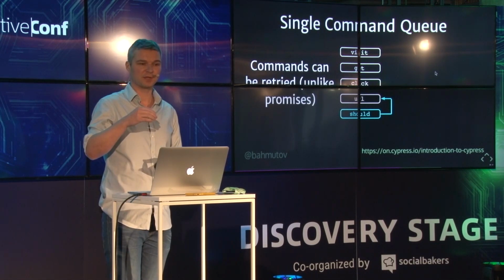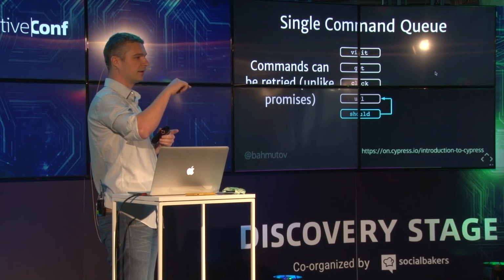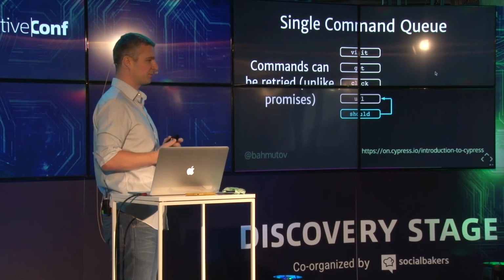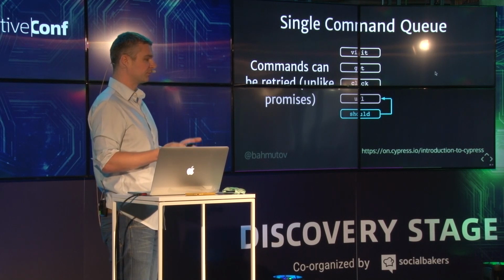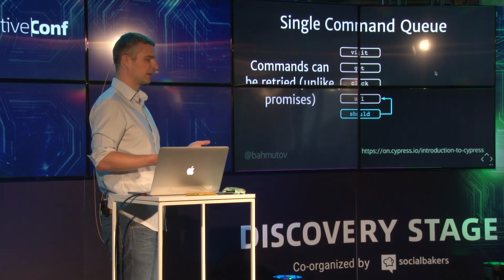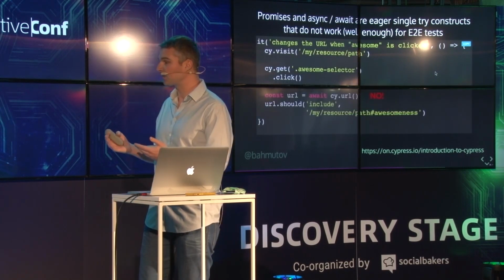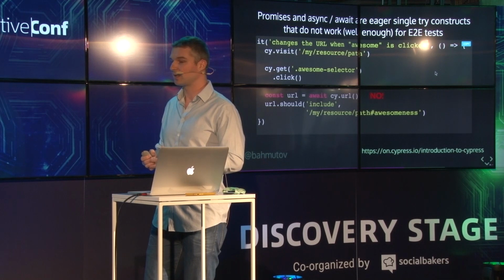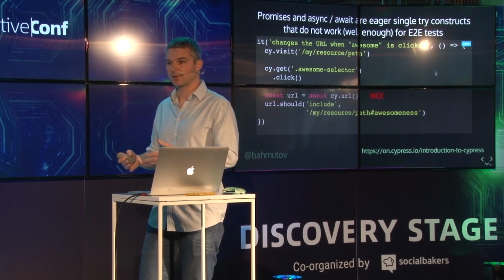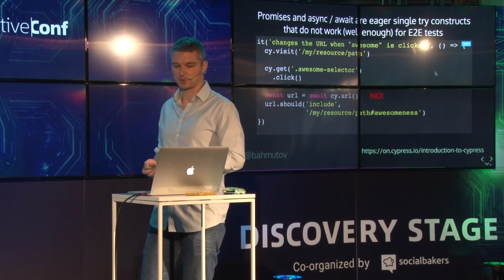And also, like I showed, with this execution model, we can always go back to the previous command and rerun it until the assertion passes. You cannot do it with promises, because promises are fulfilled once, and then they're done, like a single-shot bullet. So that's why you cannot do things that people usually try to do, that means await cy.url, because nothing will run there. You're just building the queue when you execute the test.